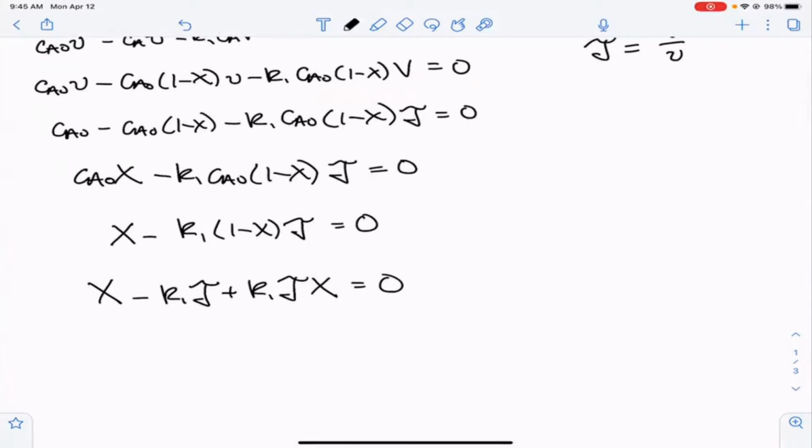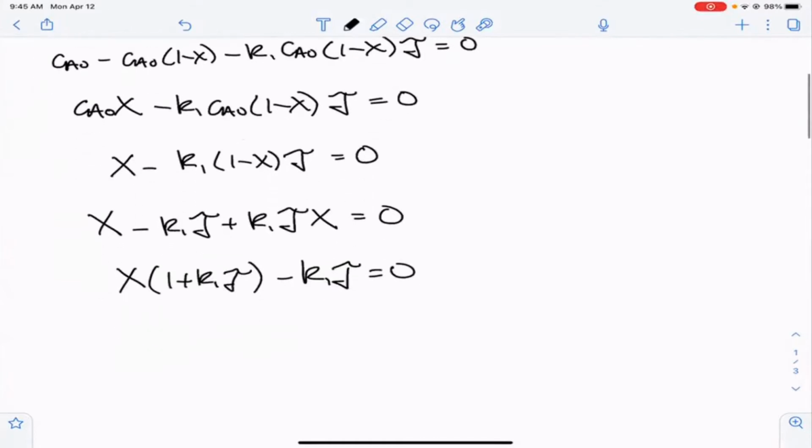And then you get the conversion times 1 plus K1 tau minus K1 tau is equal to 0. And then finally, right, we can solve for the conversion, and that's just K1 times tau over 1 plus K1 times tau. And this is exactly what we did earlier on in the semester. And we know K1, and we can find tau.